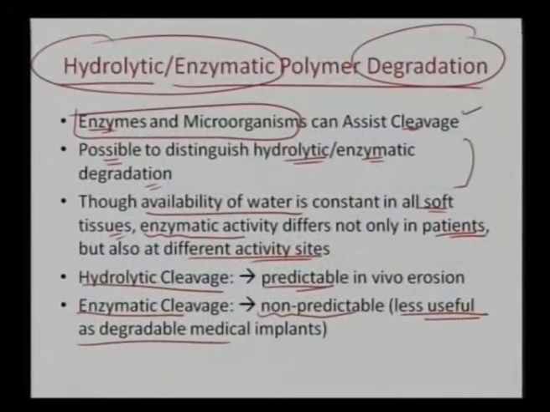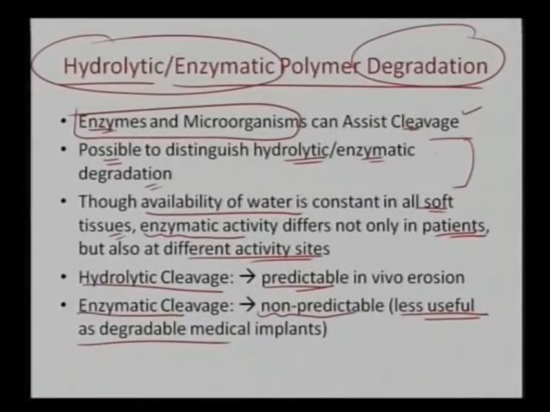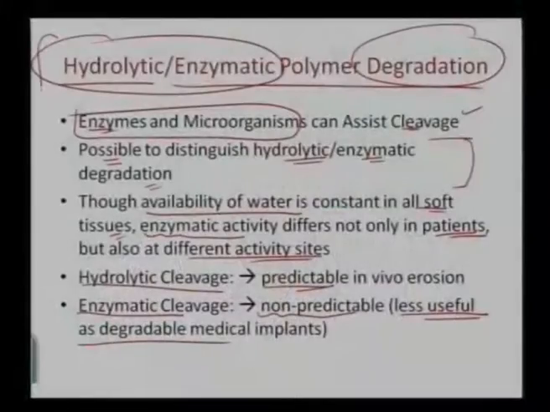That helps us delineate how the degradation is occurring. If the material is degrading in a predictable manner, it is because of hydrolytic degradation, whereas if it is unpredictable, it is because of enzymatic activity.